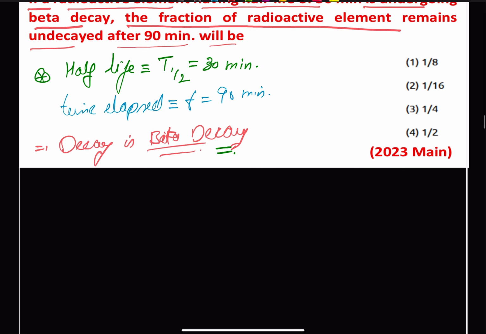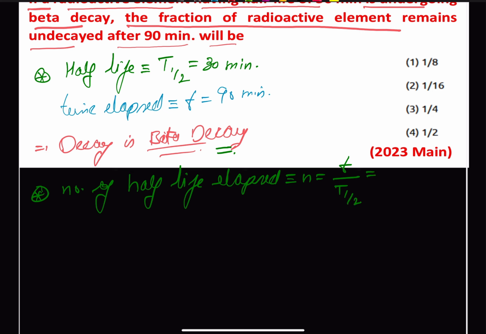So we can find out the number of half-lives elapsed during this 90 minutes. Number of half-lives elapsed, that is our n, will be equal to time elapsed divided by the half-life, which gives us 90 divided by 30, giving us 3.